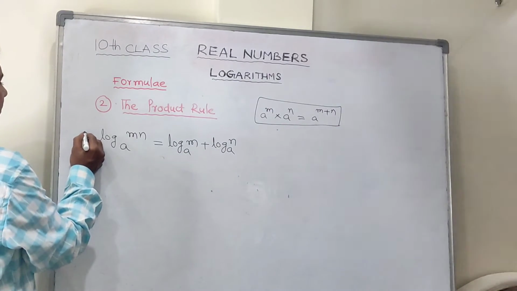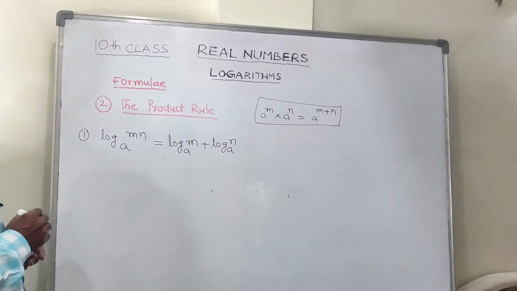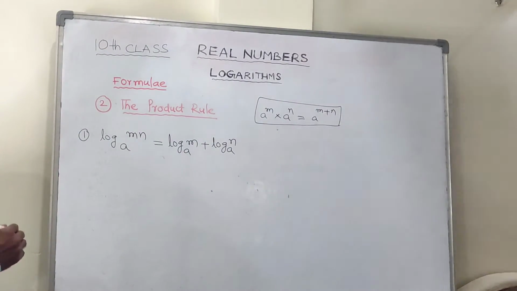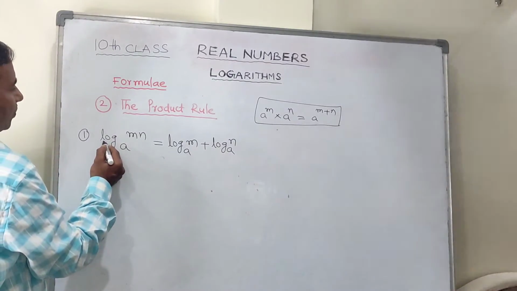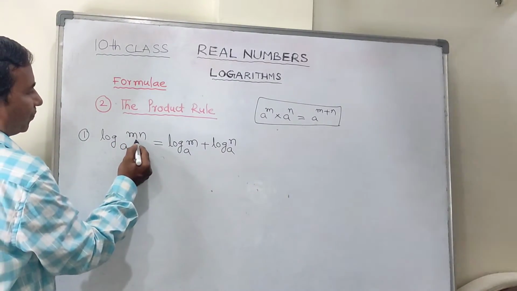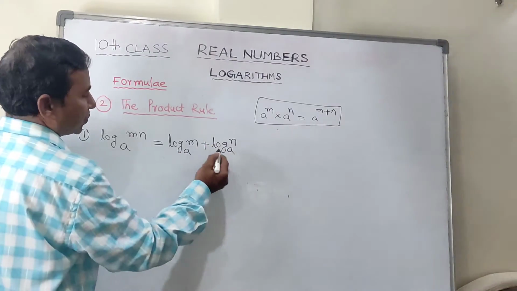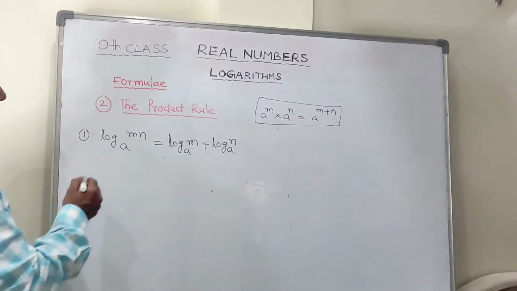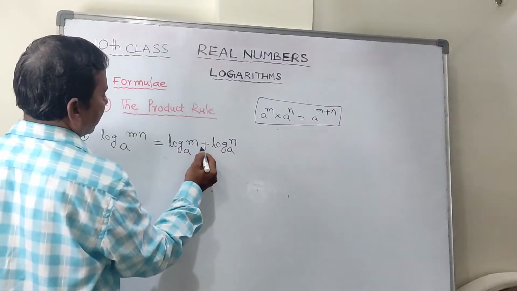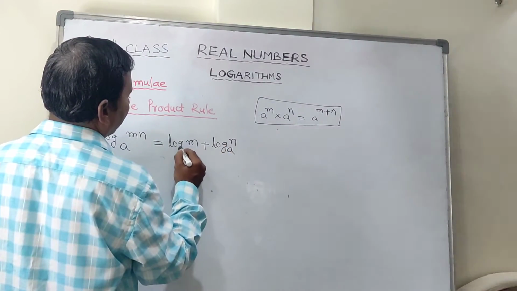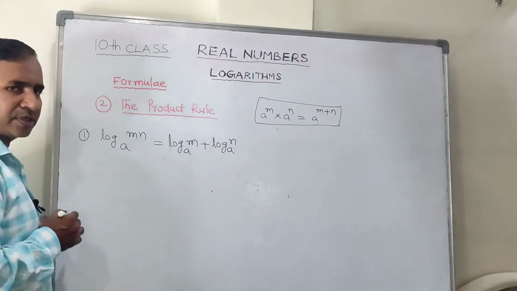So, this is one important product formula, meaning the logarithm of a product will be equal to the addition of the logarithms. Multiplication becomes a plus sign when you expand by applying log for each term. That is the important thing.